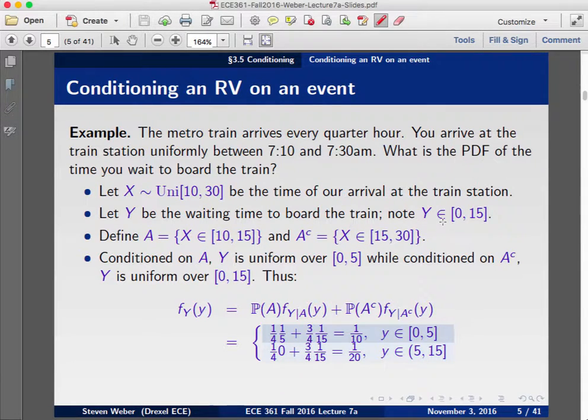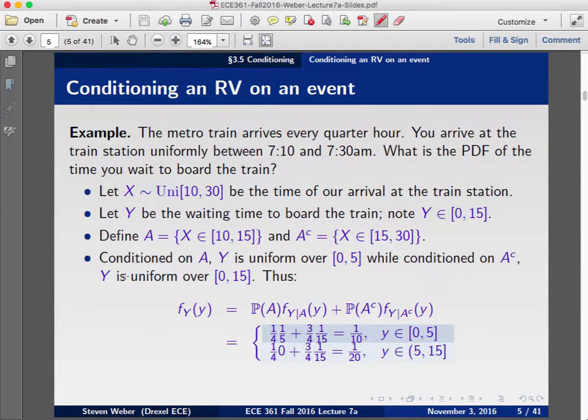Now again, note that Y is between 0 and 15, because if you arrive between 10 and 15 minutes past the hour, you'll wait at most 5 minutes. If you arrive between quarter after and 30 minutes past the hour, you'll again wait at most 15 minutes. So let's define the event A as the arrival time X being in the interval 10 to 15, and its complement then is that the arrival time X is between 15 and 30. Note that A and A^c form a partition of the sample space.